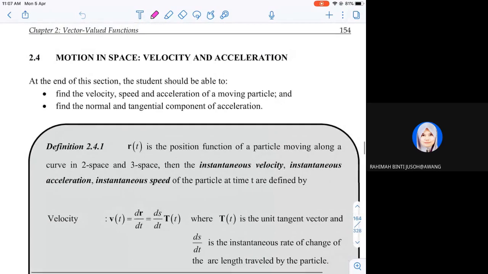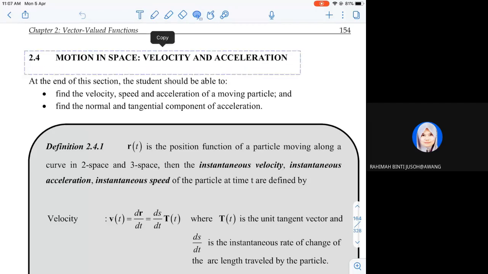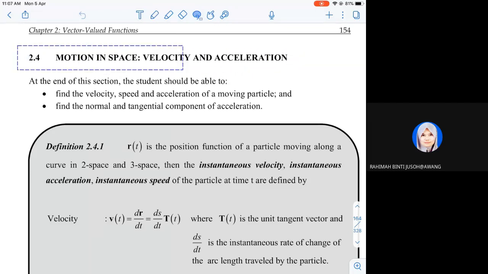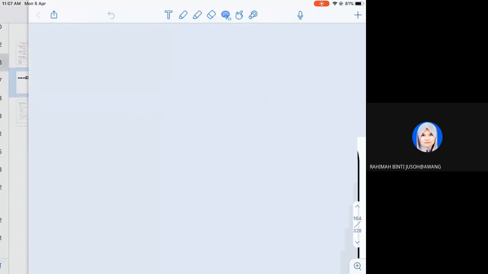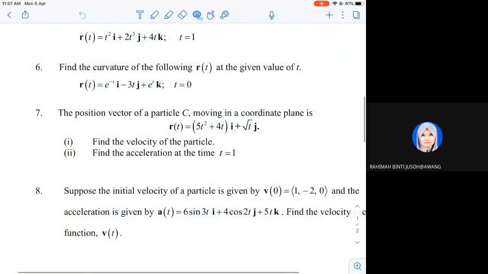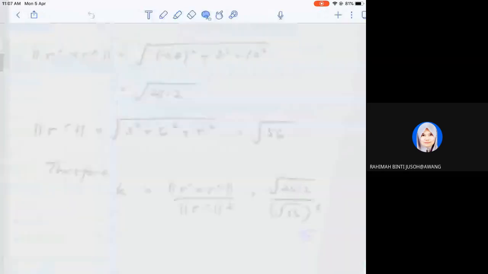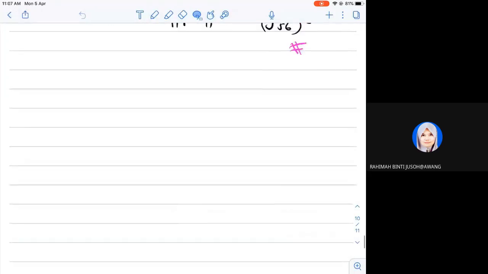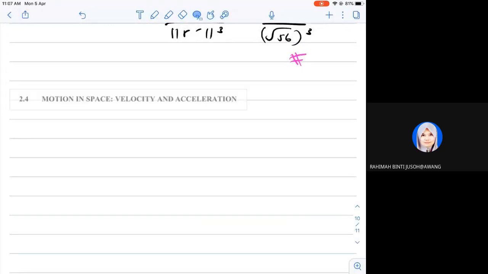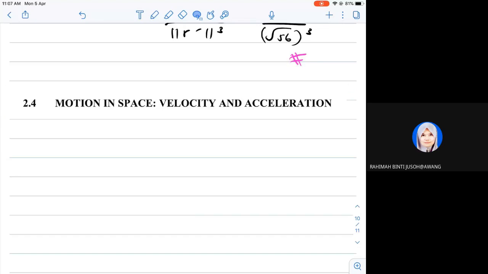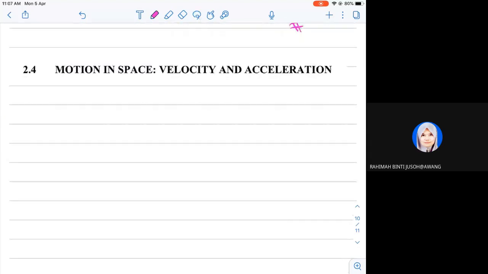Motion in space, velocity and acceleration. Okay, topik 2.4 ni.